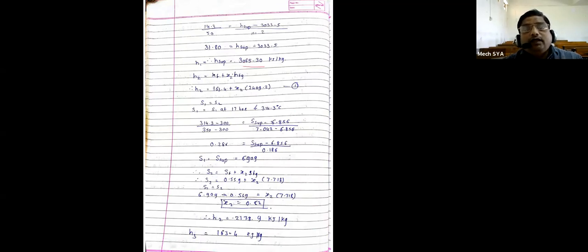Then H2 lies again in the same zone. So H2 is equal to HF plus X2 HFG. The equation is H2 is equal to 163.4 plus X2 into 2409.2, and S1 is equal to S2. Then S1 at again 17 bar and 314.3, again interpolation: 314.3 minus 300 divided by 350 minus 300.